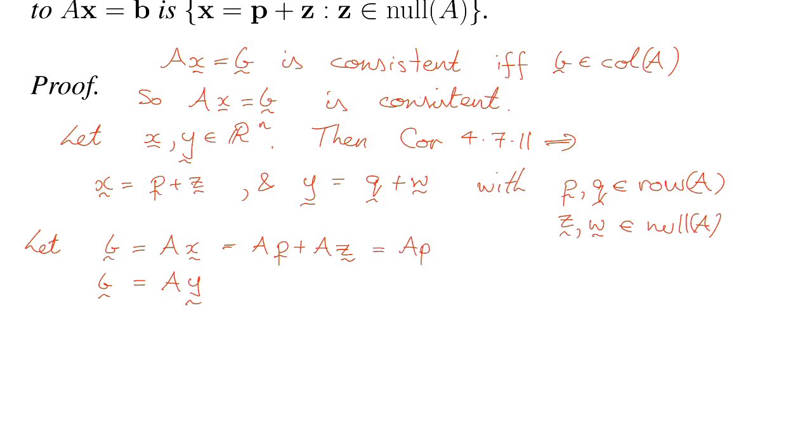So this is Ap plus 0, which is Ap. And likewise, y is q plus w. This is Aq plus Aw. And what's Aw? Aw is 0 because w also lives in the null space. So this is Aq plus 0, which is Aq.